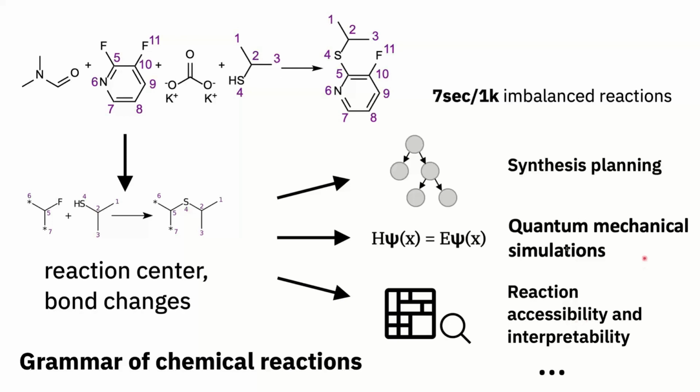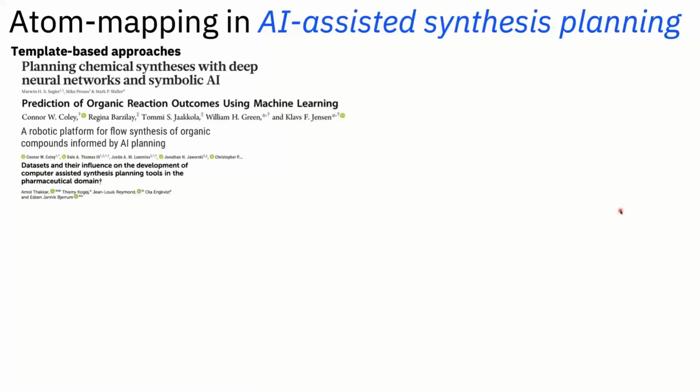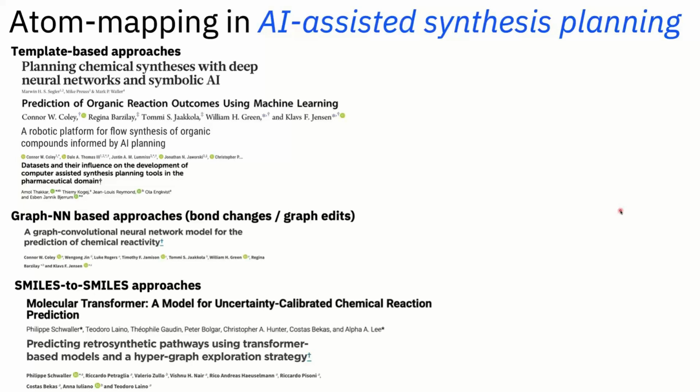On the next slide, I will just go into how atom mapping is used in synthesis planning. So we all know those great template-based approaches. For example, Marwin Segler's Nature paper used templates for predicting the reactions. Then we have graph neural network-based approaches that, given the precursors, predict which bonds are changing during a reaction.